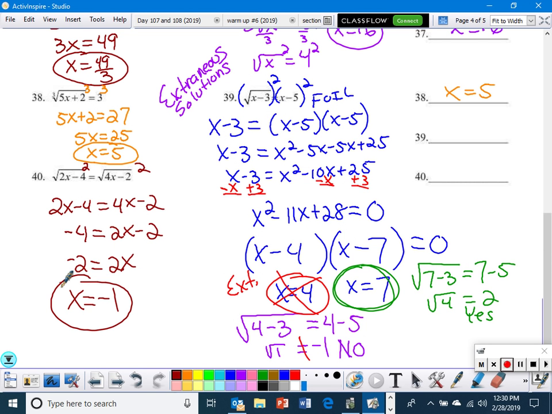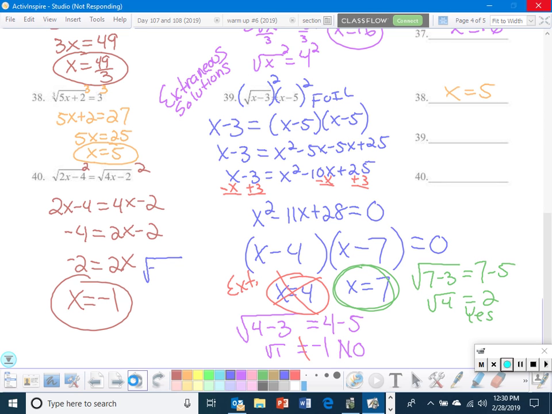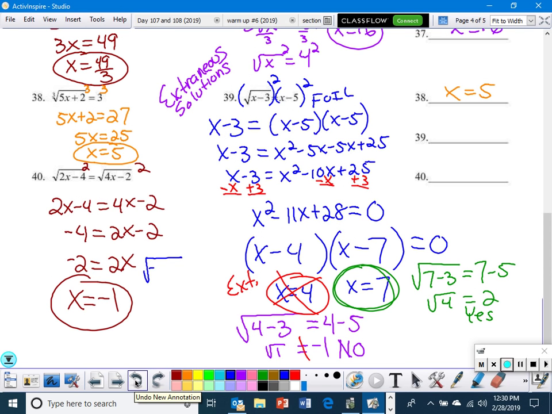now, the question is, does it work or is it extraneous? So let's check it out. So I've got the square root of negative, whoops, that's not a negative 2, sorry about that. So 2 times negative 1 minus 4.